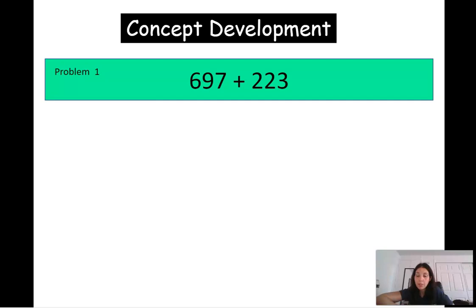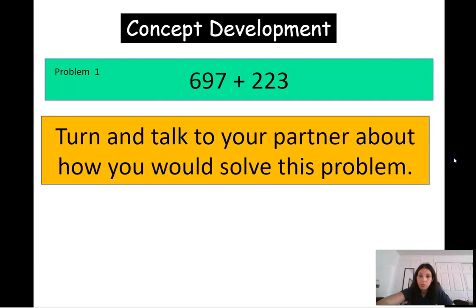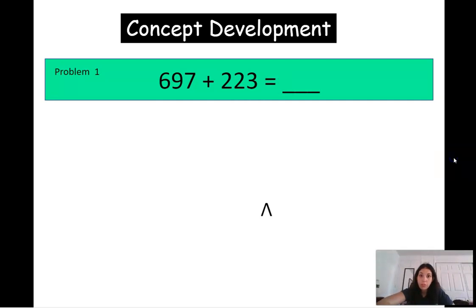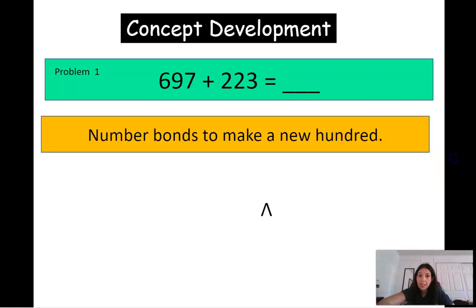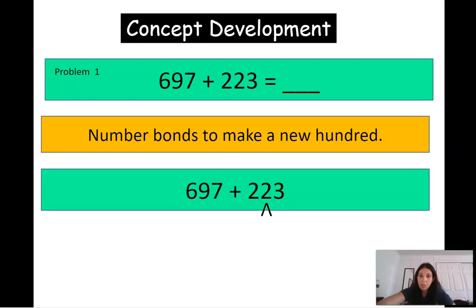697 plus 223. I'm going to give you a second to think about it. I'm going to think about what strategy I would use. So one strategy we could use is a number bond to make a new 100. If we wanted to make a new 100, what would we do with this number here?